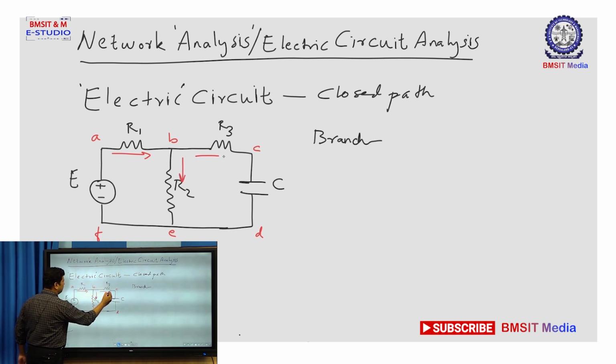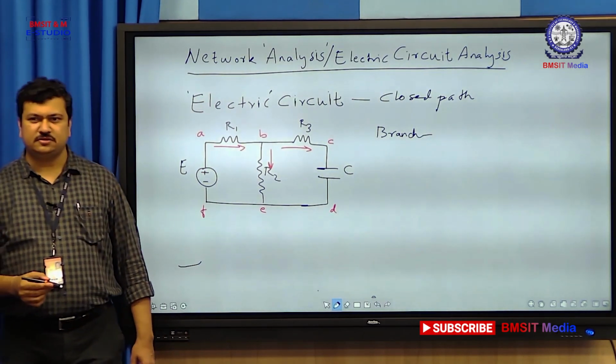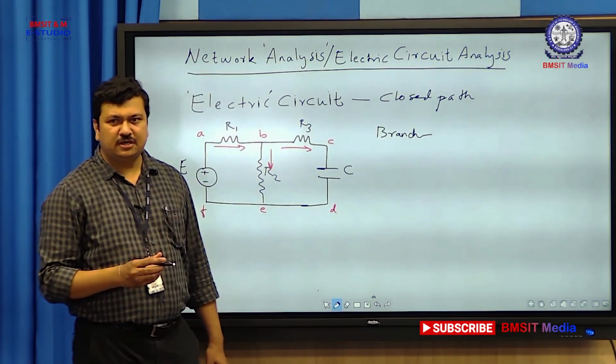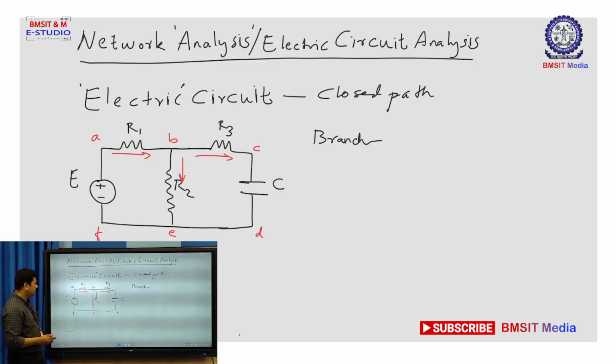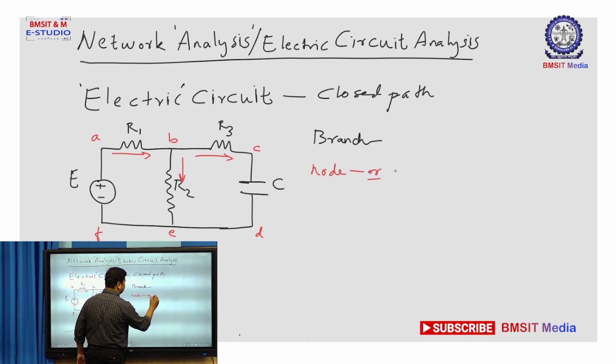The polarities of the nodes decide the direction of the current in a particular branch. So, a branch is the part of the circuit that carries the current. Then one more term we need to know is a node, also known as a junction.